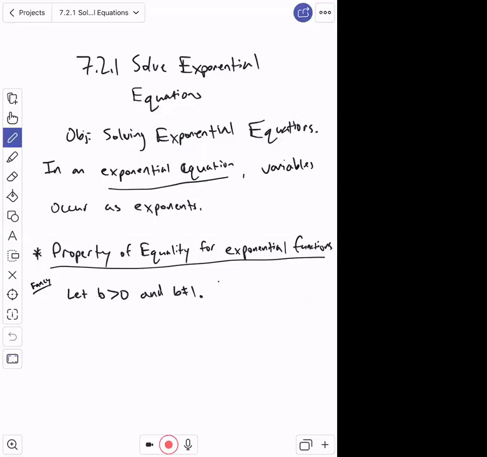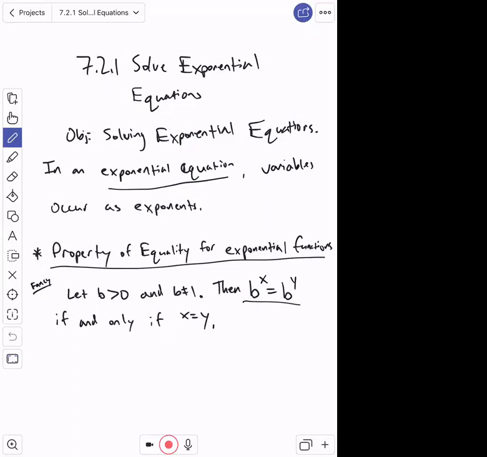Then b to the power of x equals b to the power of y if and only if x is equal to y. Some base to the power of x equals that base to the power of y if and only if the exponents x and y are the same, or they are equal.